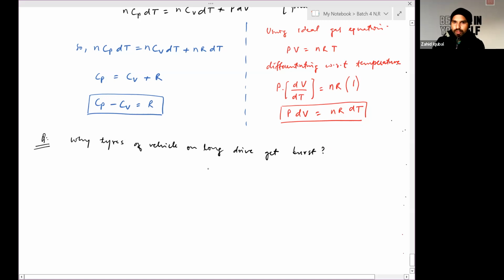And since the volume of the tire is constant, at constant volume, pressure and temperature are directly proportional to each other. So increasing temperature leads to an increase in pressure, and when it exceeds the strength of that tire, it gets burst.